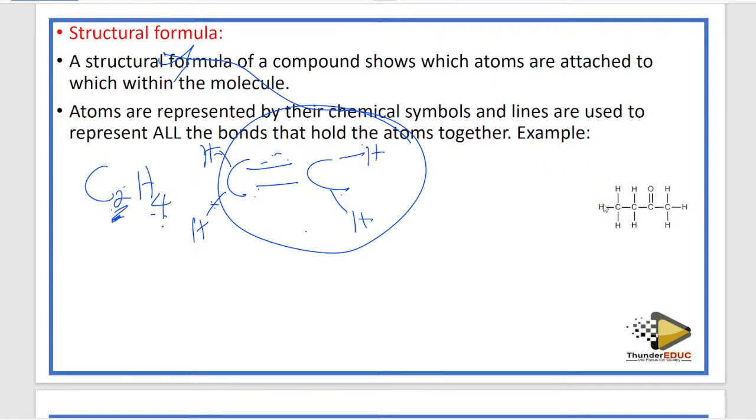For example, if they ask you to write the molecular formula, let me start with the condensed structure formula as we saw. This carbon has how many hydrogens? 1, 2, 3, so H3. Then this carbon has H2. This carbon has 2 hydrogens.